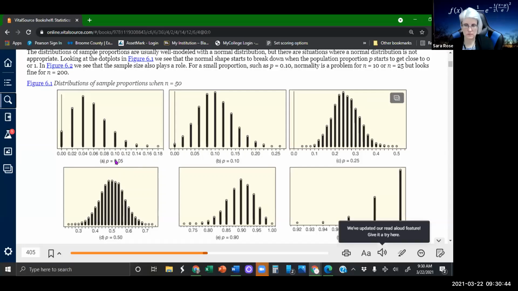Subtracting this from 1, you get 0.95. So 50 times 0.95 gives you 47.5. So the not p is where more of the data is, so it is skewed. As you increase, you get values that are greater than 10. So this is pretty close. Could somebody do this one for me? 0.25 times 50.